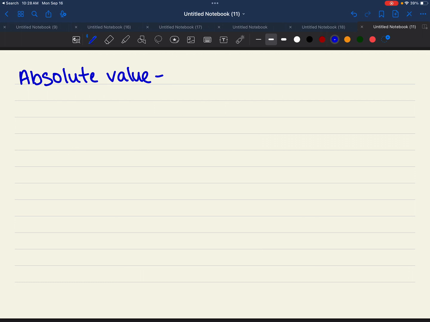Because you can't have negative. True, but I'm wanting you to give me the reason. It's the distance from 0. Way to go, JC. So absolute value is the distance from 0.